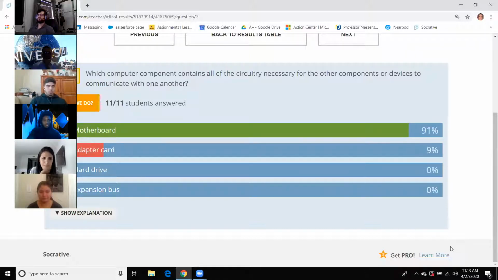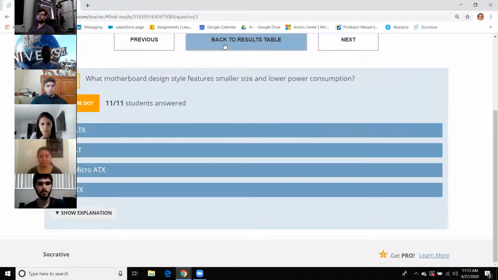We know that the adapter card is for a slot, or if it was an adapter itself, it will be on the outside, not the motherboard. The motherboard is the main component or the backbone, right? Next question.